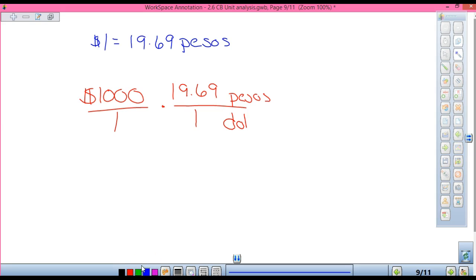All of a sudden, my $1,000 turns into 19,690 pesos.